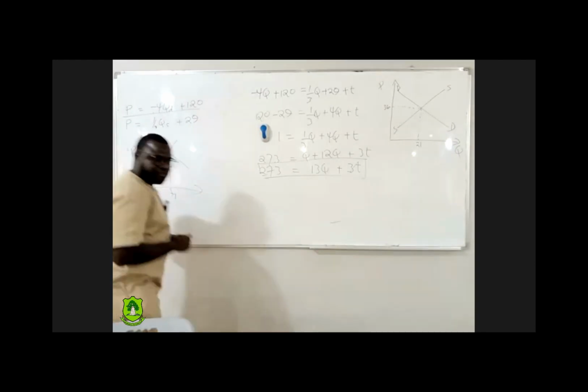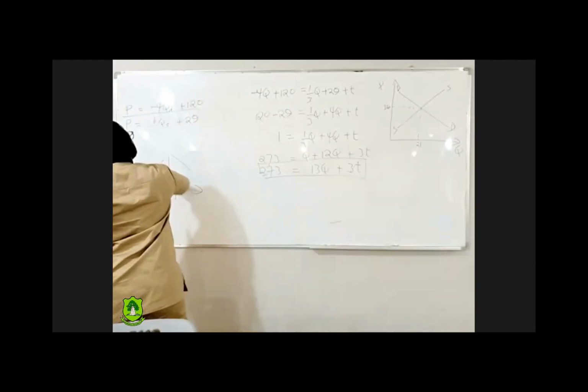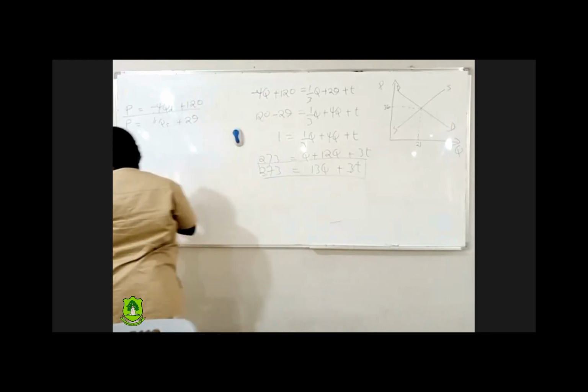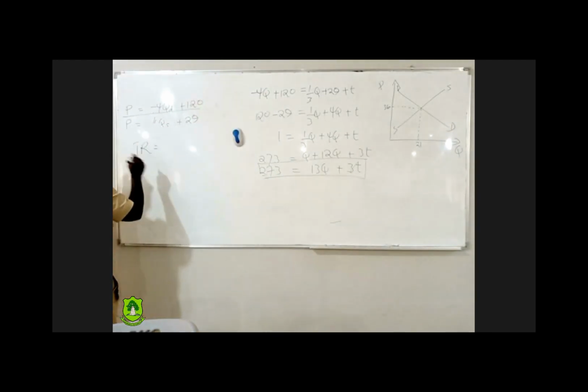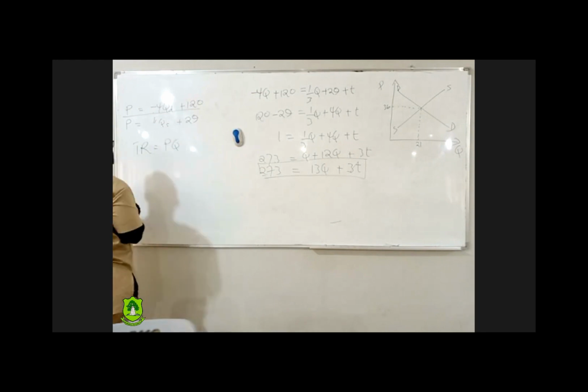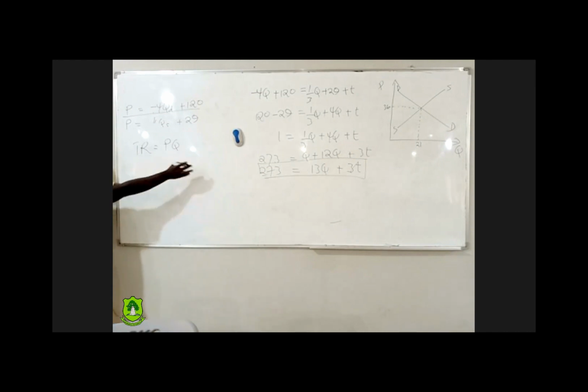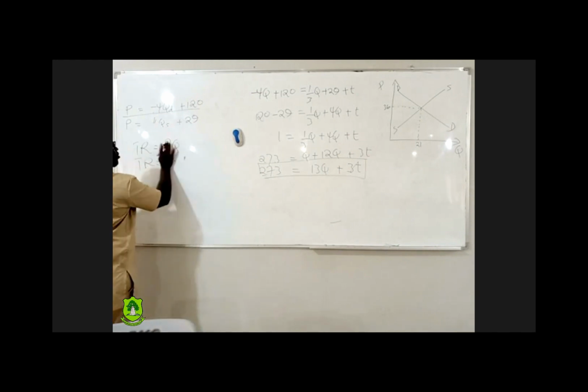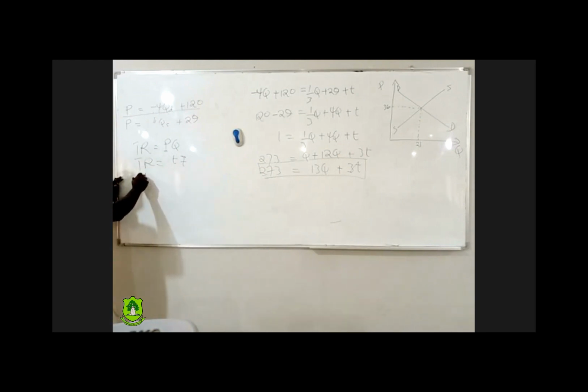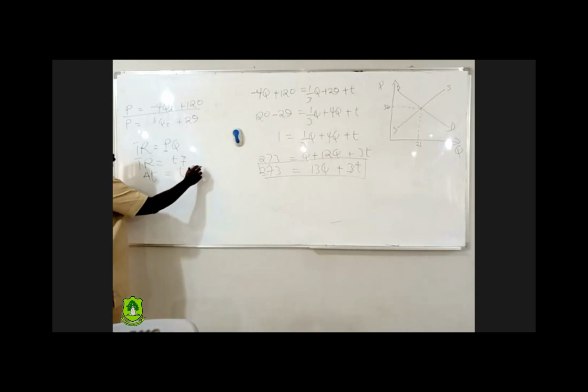Okay, now total revenue. Total revenue will be equal to what? Price times quantity. If we look at the case of the taxes, this particular one will represent the tax rate times the quantity. Now, if nothing is sold, tax will be equal to 0.